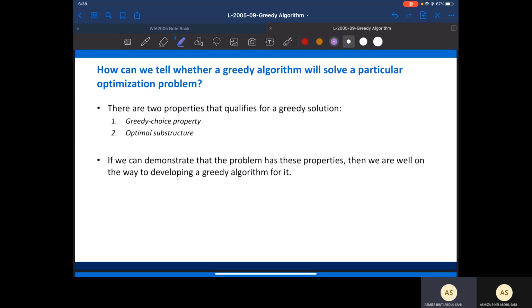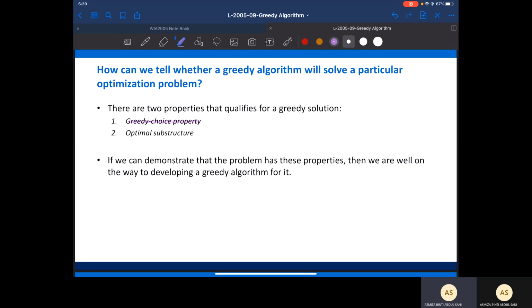All right, so how do you know that you can apply the greedy algorithm to solve a particular optimization problem? You will check for these two properties. One, it has the greedy choice property, so in a sense you are able to determine at each point what is the next best solution.